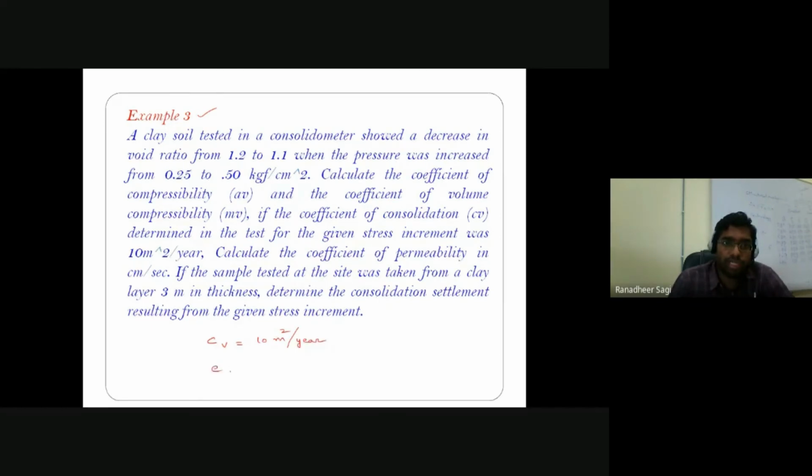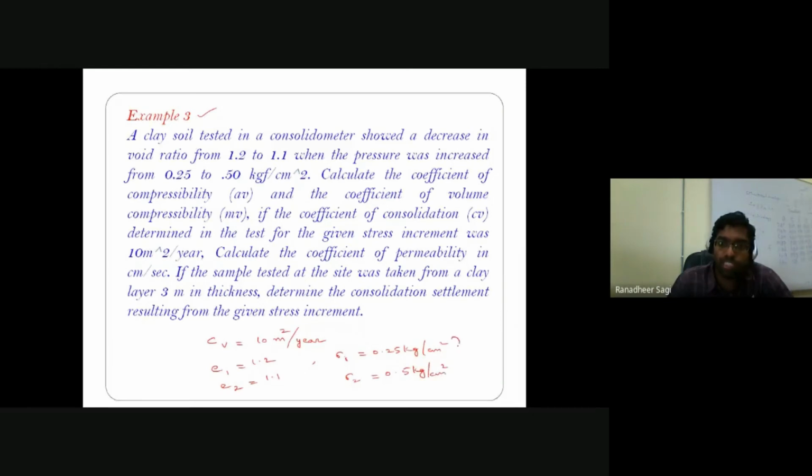The initial void ratio in the soil sample is 1.2. Okay, so I can say E1 is 1.2, and E2, which I am writing as the final void ratio, is 1.1, for a stress variation where sigma 1 is equal to 0.25 kg per centimeter square and sigma 2 is 0.5 kg per centimeter square.